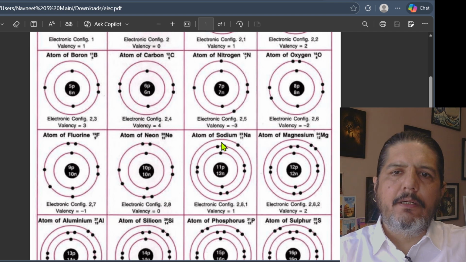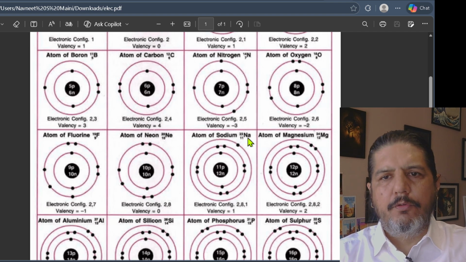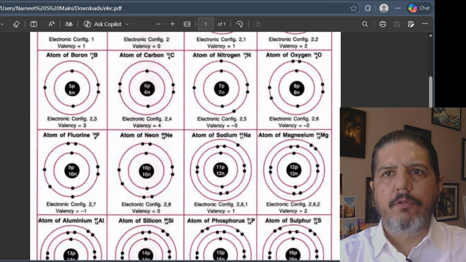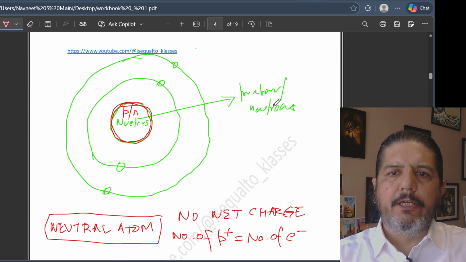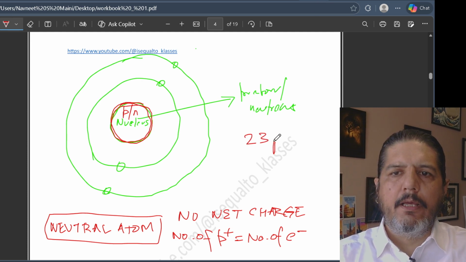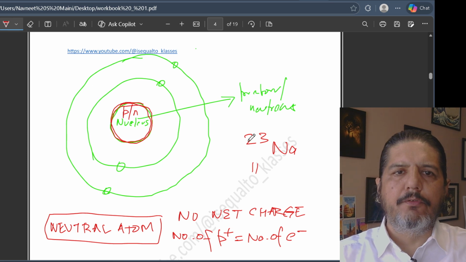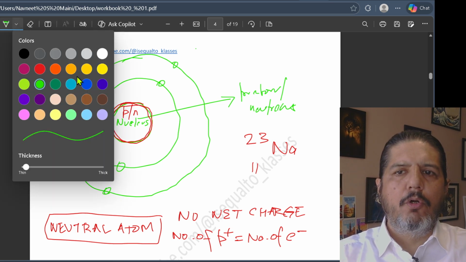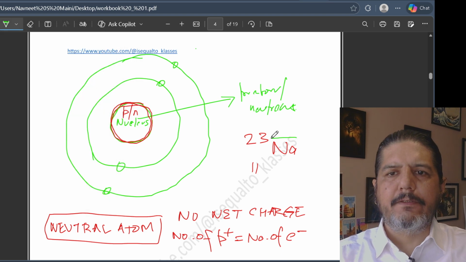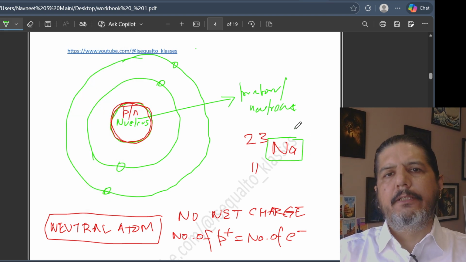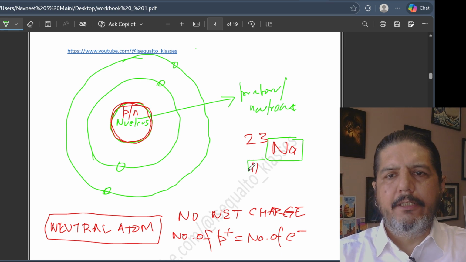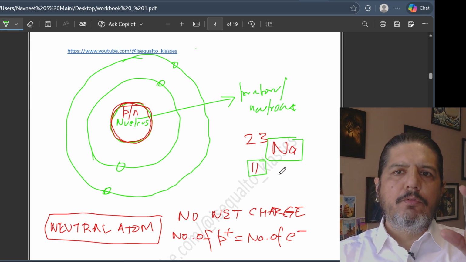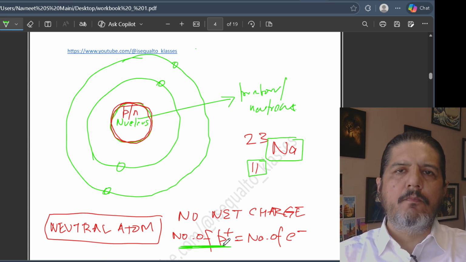So let me take the example of an atom of sodium. 23Na11. Let me explain what this 23Na11 means. Whenever you see a symbol like this, Na is the element. In our case, this is sodium. This 11 will give you the number of protons.